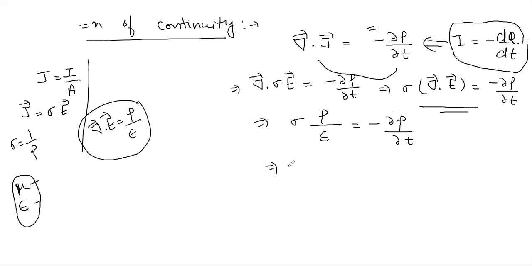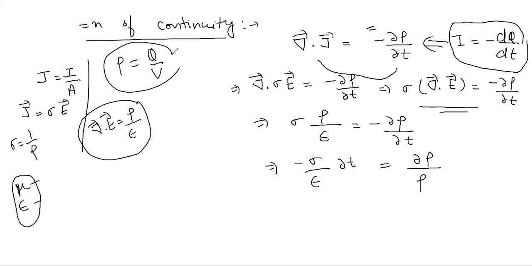This also means that I can write this as, I'm taking minus on this side, sigma upon epsilon curly t is equal to curly rho over rho. I have collected the terms which corresponded to charge density. Rho is your charge density, which is charge per unit volume. I have simply collected the same terms on one side here.